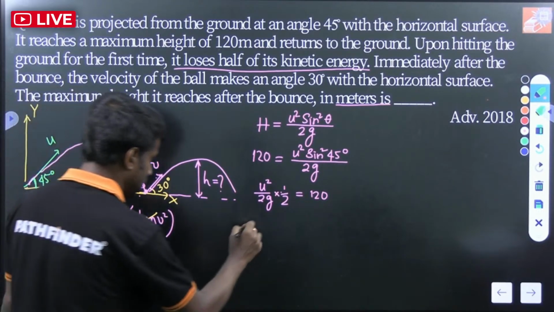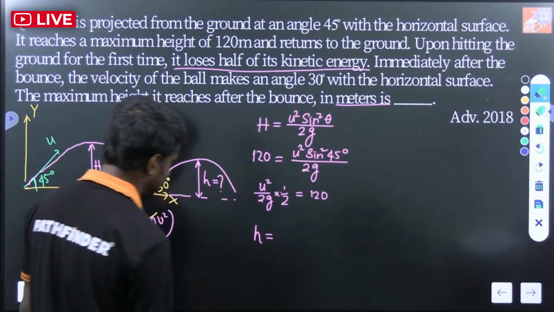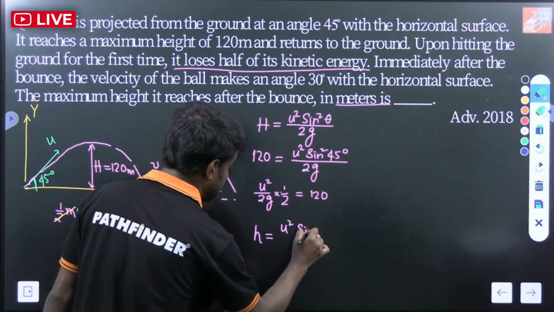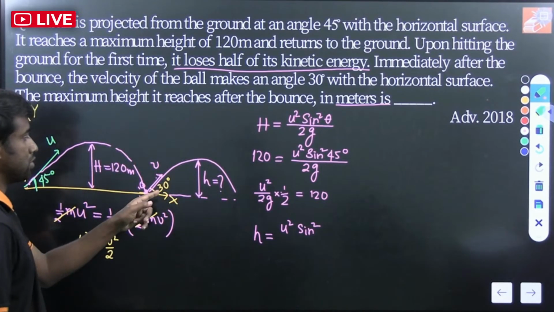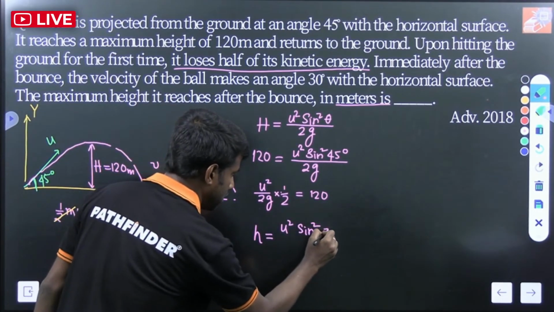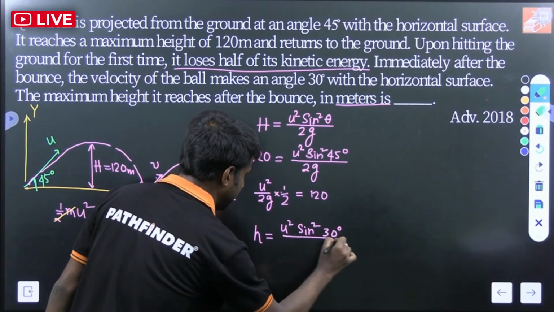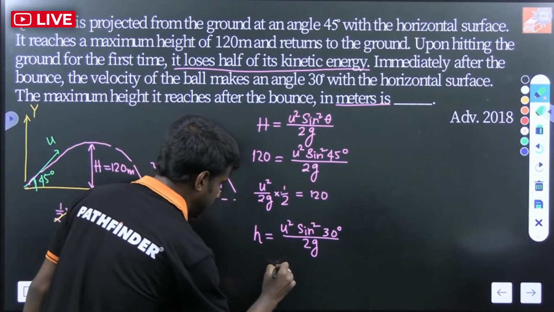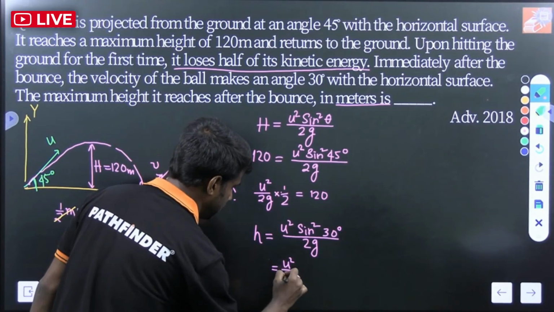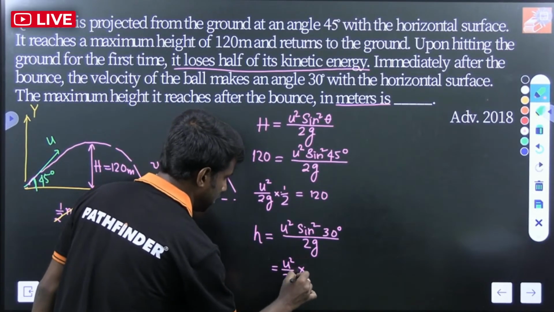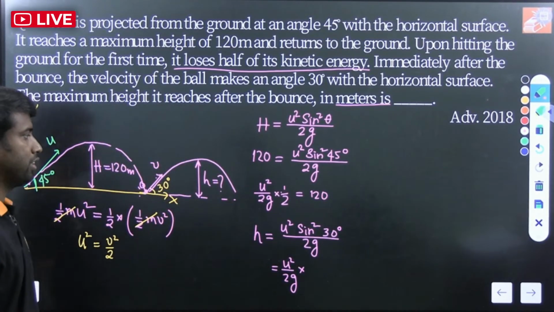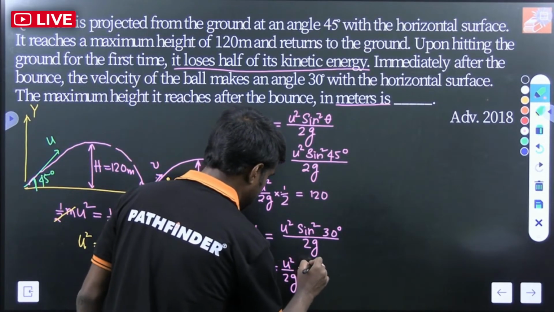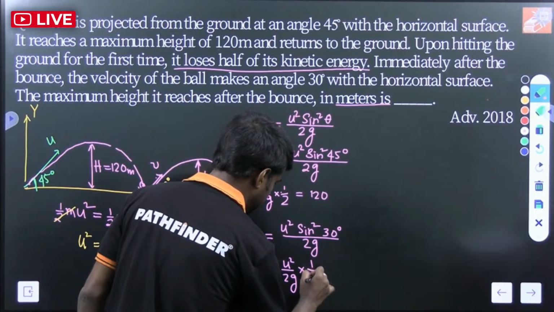Now we can find the next part, this height. So h will be equal to u square sin square theta, where now theta becomes 30 degree, so we put 30 degree here, divided by 2g. Let's find out. So u square by 2g we write, and sine square 30 degree. Sine 30 degree is 1 by 2, so 1 by 2 whole square means 1 by 4.